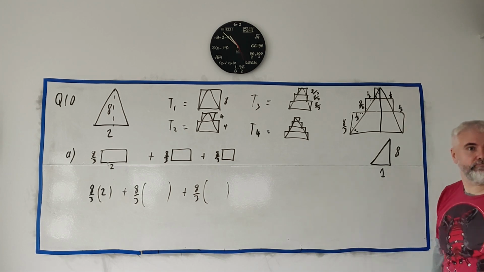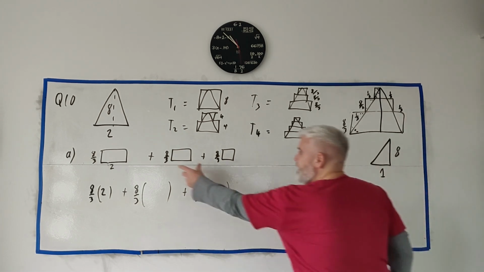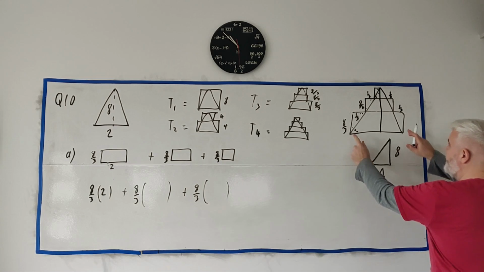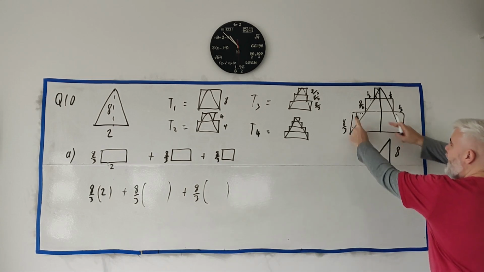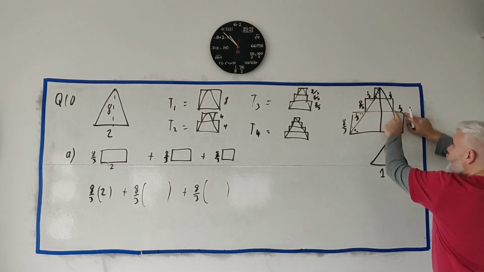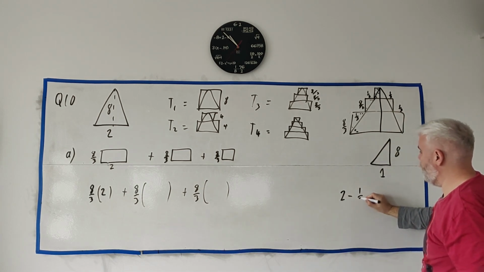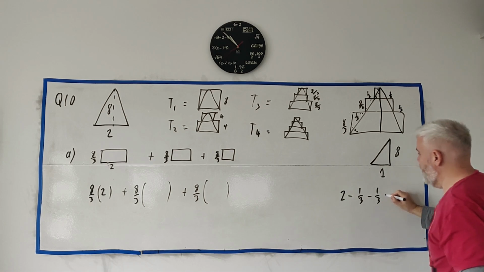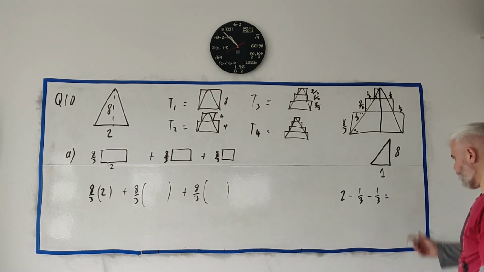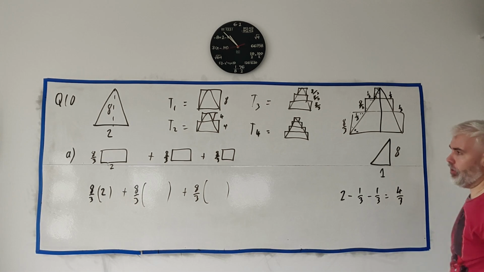So what does that make this length? If this is 2, we're taking away 1 over 3 and another 1 over 3. This is 2 minus 1 over 3 minus 1 over 3, which is equal to, let's see, 4 over 3.